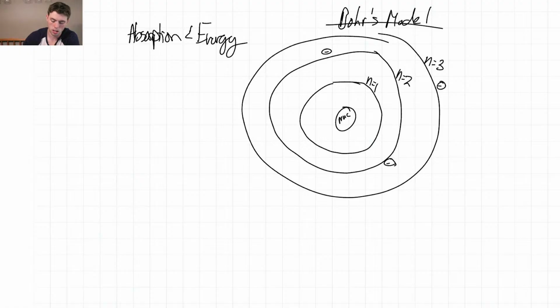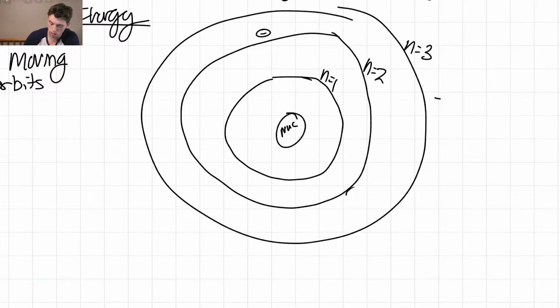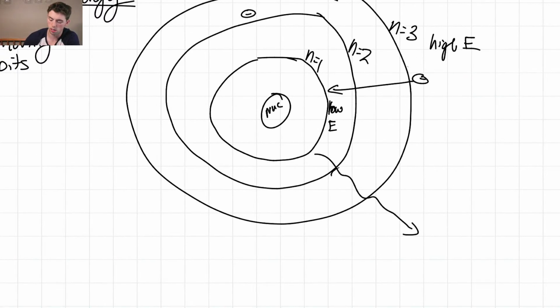What it really is, is just electrons moving orbits. So if I go from high to low, say from n equals 3, from an area of high energy to an area of low energy, I'm releasing a photon, which is light.